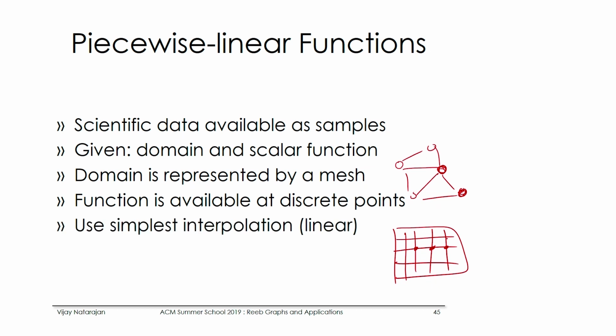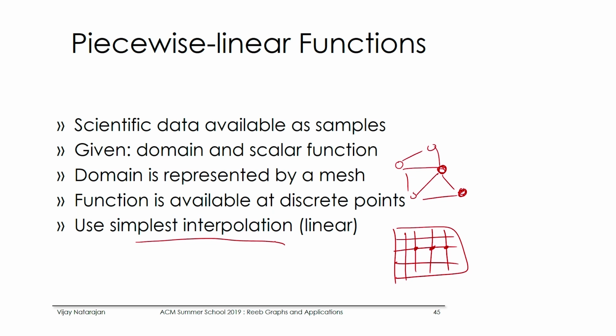And what we essentially do is linear interpolation to fill in the function within each cell. Hence we have a piecewise linear function. So now what we want to do is to compute Reeb graphs for piecewise linear functions.